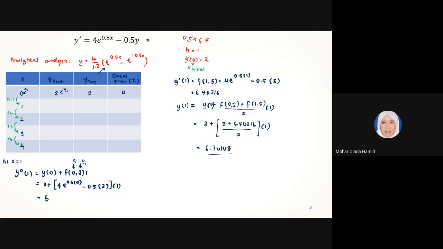So this would be your value for HEUN'S, 6.